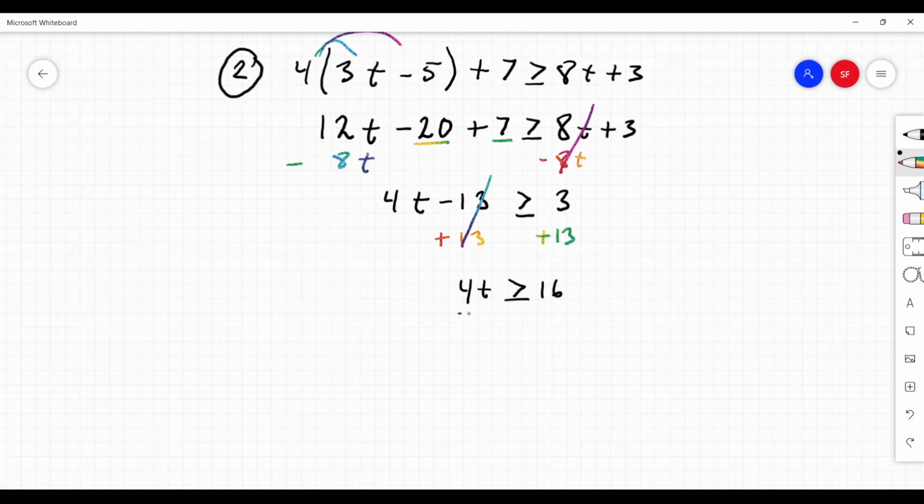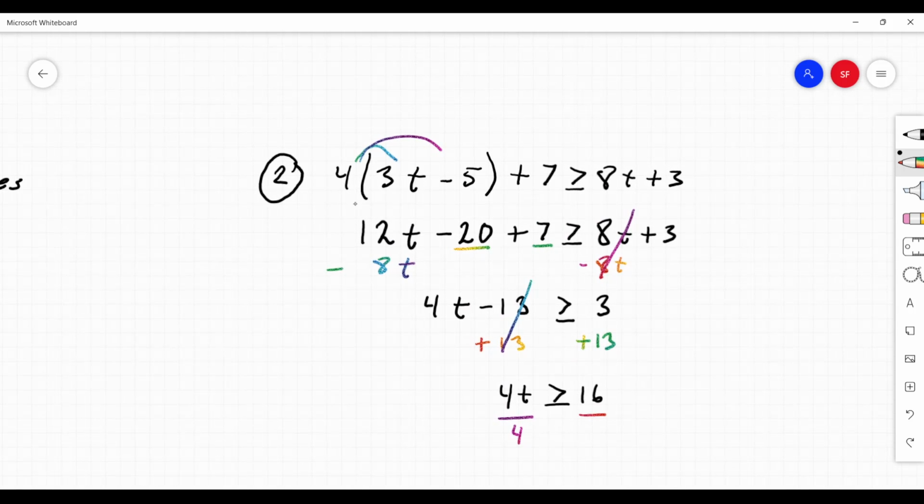I have a question. Didn't we multiply by a negative with the parentheses? No. We multiplied by 4, and 4 is positive. We multiplied 4 times negative 5, which is negative 20, but we didn't go across the inequality.